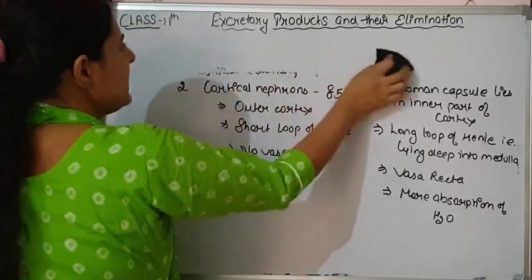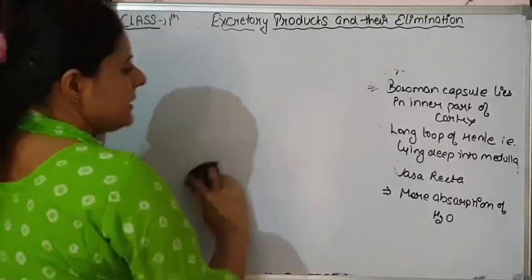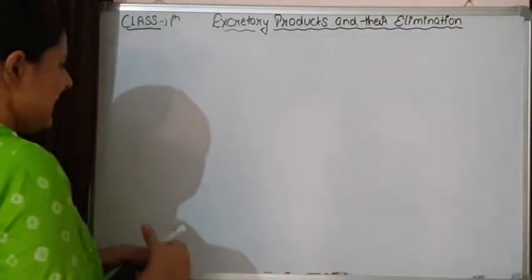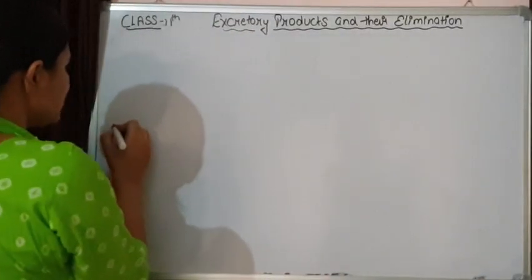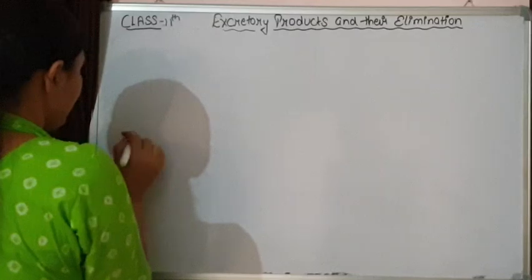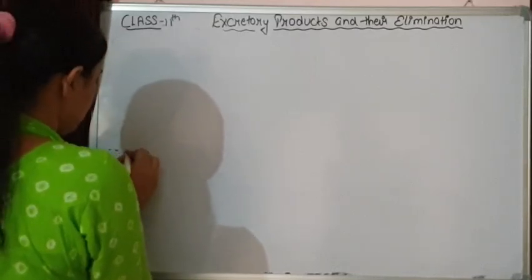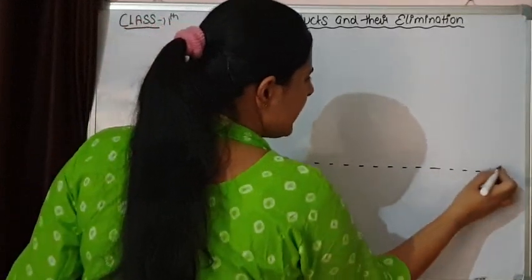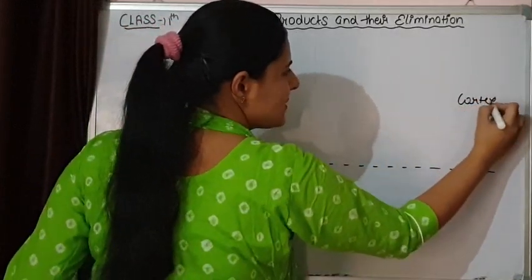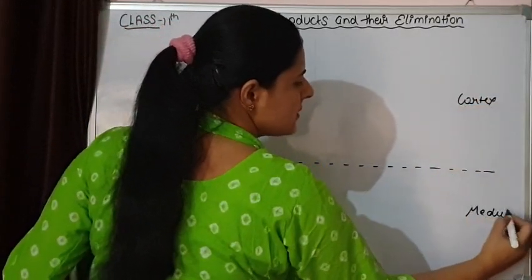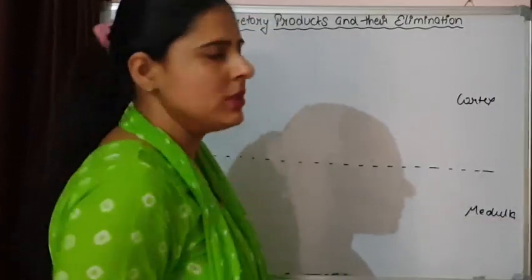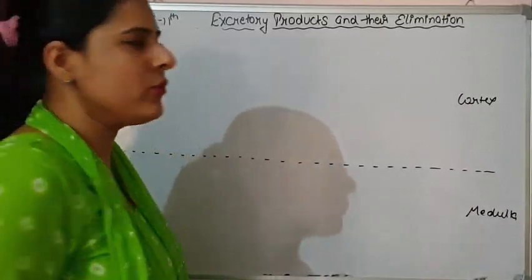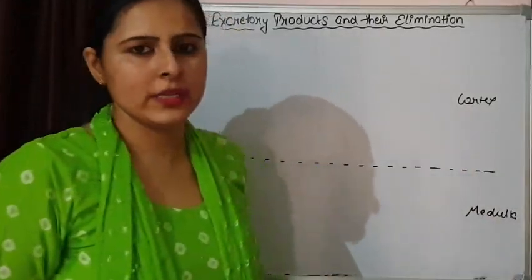So if we see these nephrons, again we have to draw a distinction showing cortex and medulla. The upper portion is the cortex region and this is the medulla region. Here I am showing the juxtamedullary nephron and over here the cortical nephron.